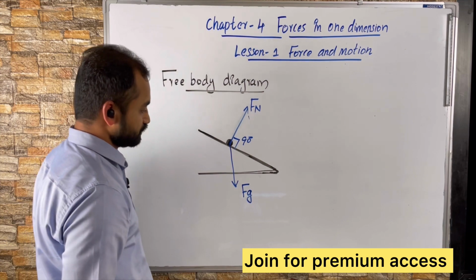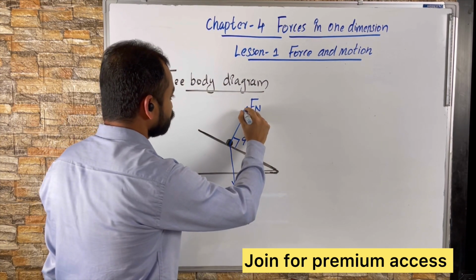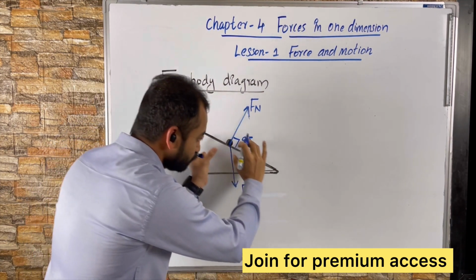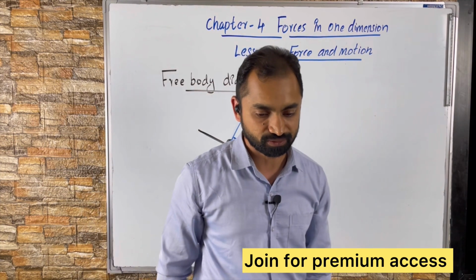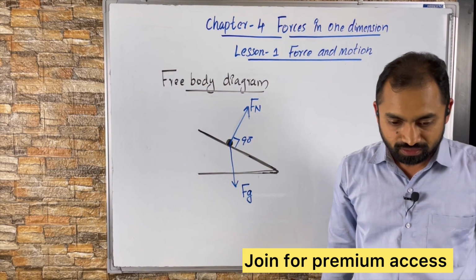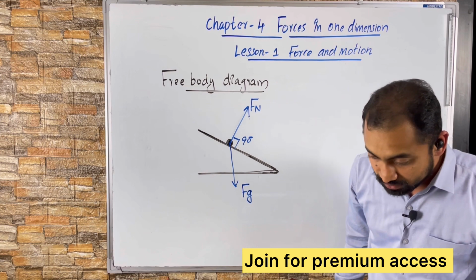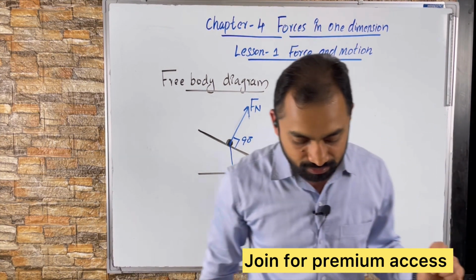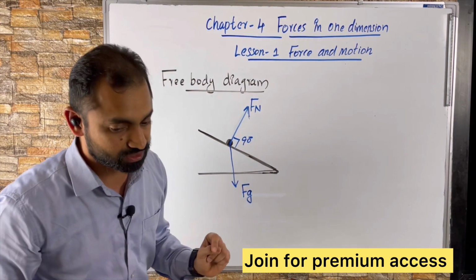Okay, very good. Then what will be the third force? You are sliding down, right? So what will be the third force acting? The third force will be frictional force.